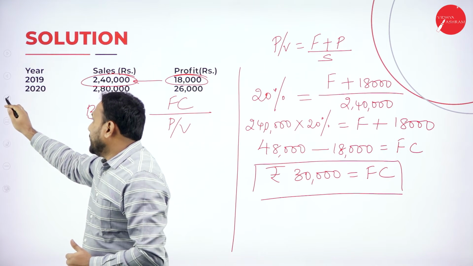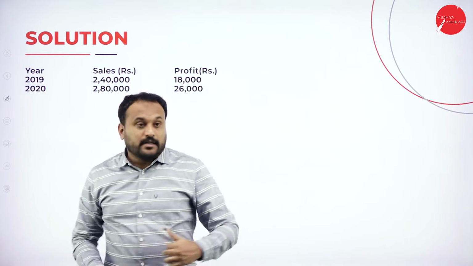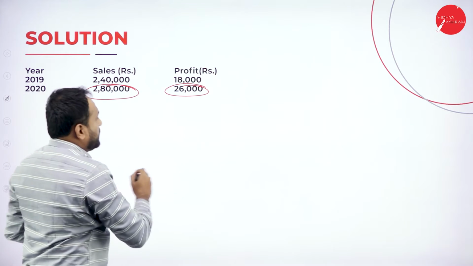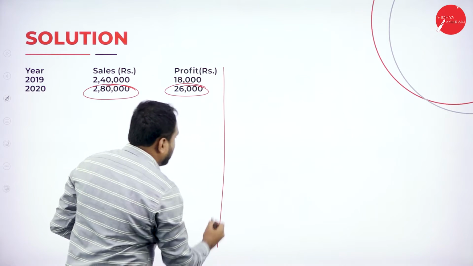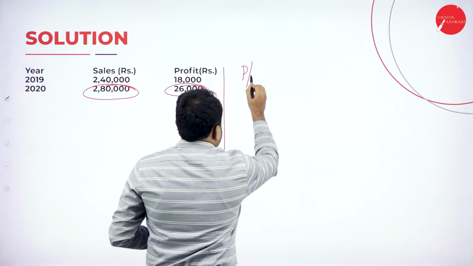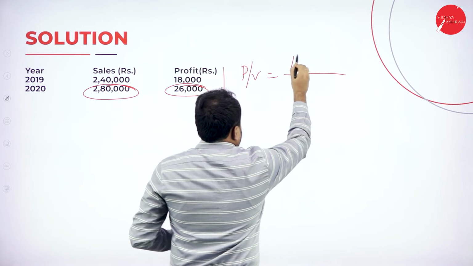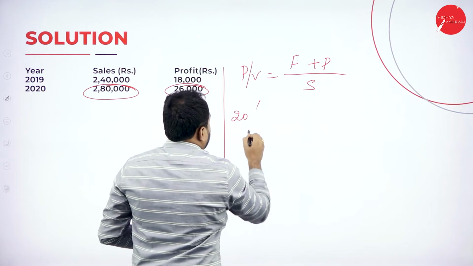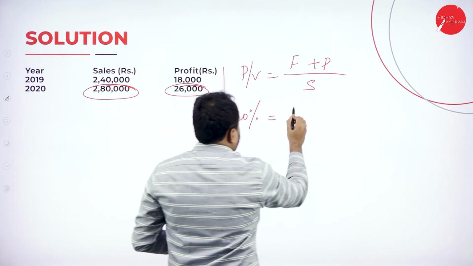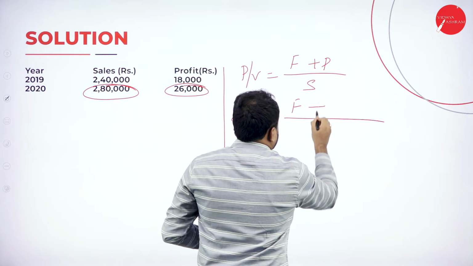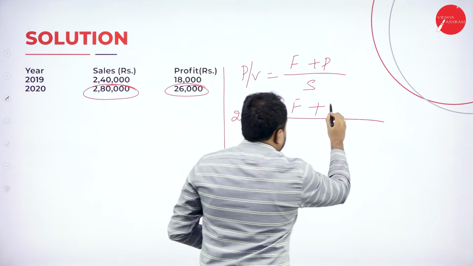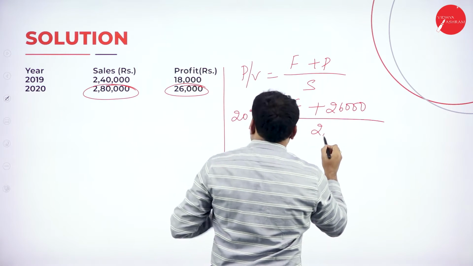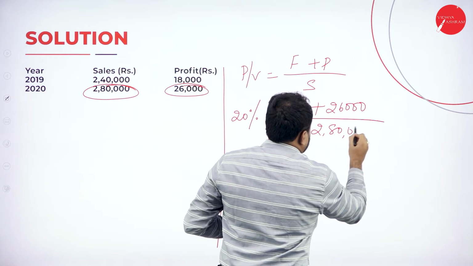I'll just show it to you how exactly you are supposed to do. Now we will delete everything. Done. Now when we go with this, we'll take these two. Okay. Now the formula is what? The same. We'll again divide here. PV is equal to F plus P divided by S. Now PV is how much? 20% is equal to F, I don't know, plus profit, I'm taking 26,000, and sales I'll take 2,80,000.